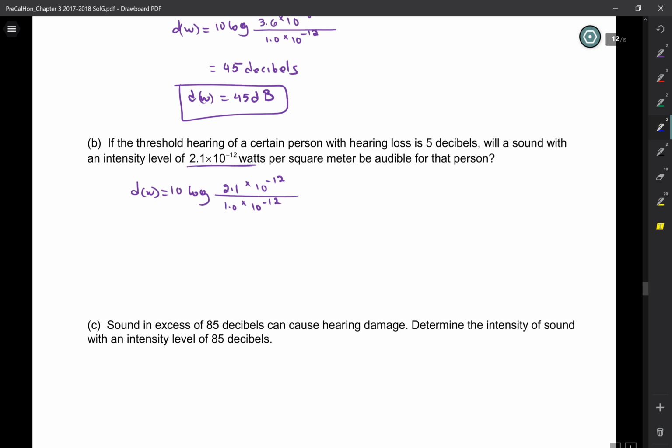Here is where your chemistry math comes in, right? You could cancel those out. So we have 10 log 2.1, you plug it into the calculator, and this is 3.22 decibels. So will this person be able to hear this? No.